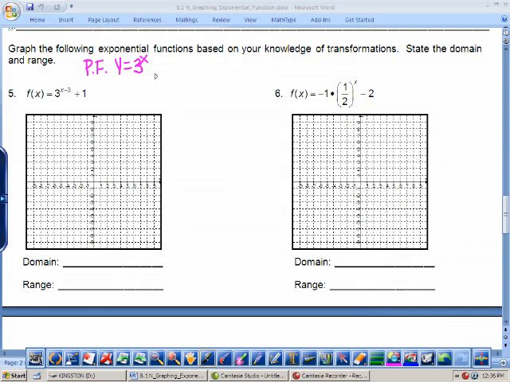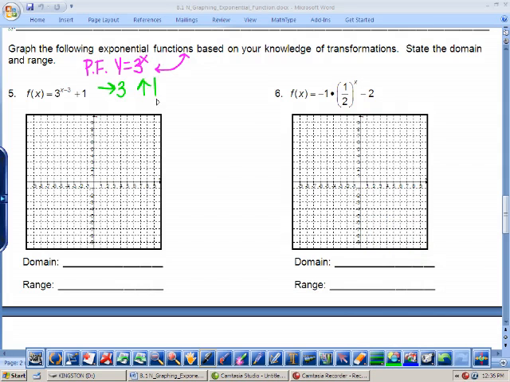Is that growth or decay? How'd you know? Because the b value is greater than 1. Good. The b value is greater than 1. All right. What are the transformations that have happened? Right 3. Up 1.